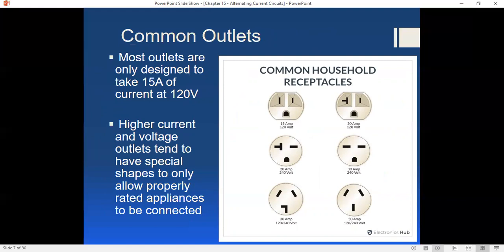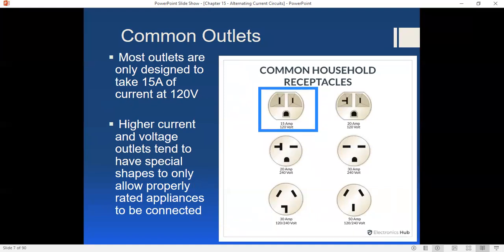Now, here we're going to revisit some of the household receptacles or household outlets that we typically see. Most of what is going to be in a home, apartment, or a dorm is going to look like this. It's going to be the standard 15 amp, 120 VAC outlet.